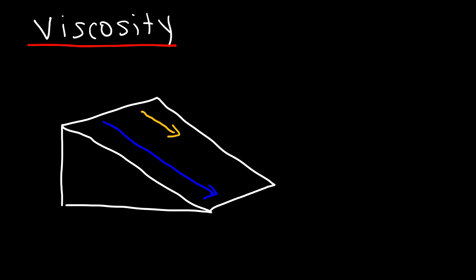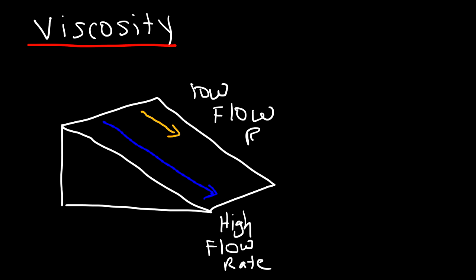So water has a high flow rate relative to honey, whereas honey has a very low flow rate. And the reason why honey has a very low flow rate is because it has a very high viscosity.